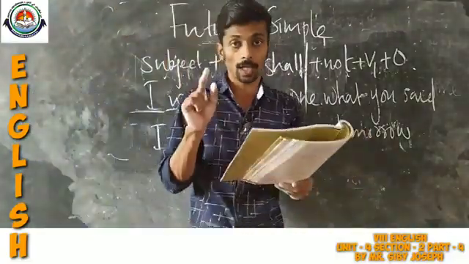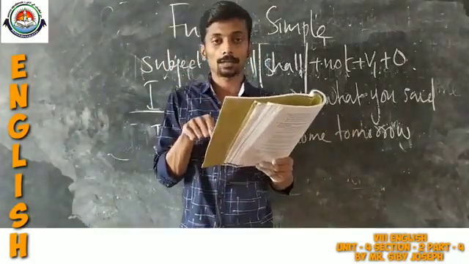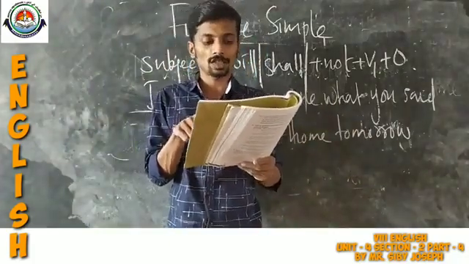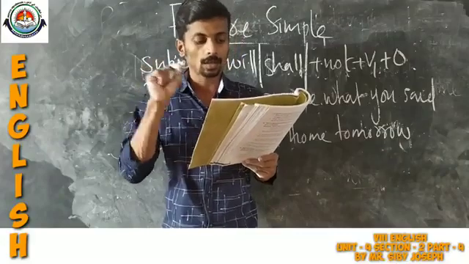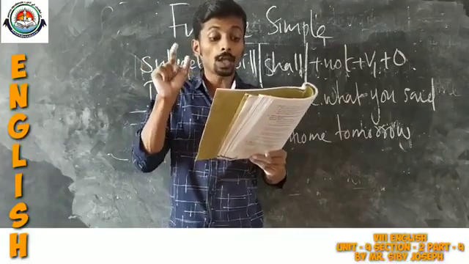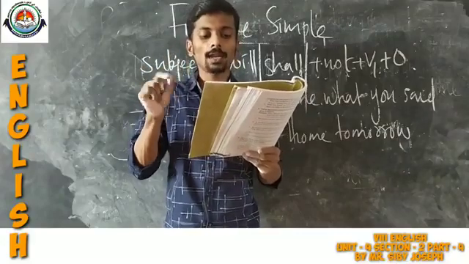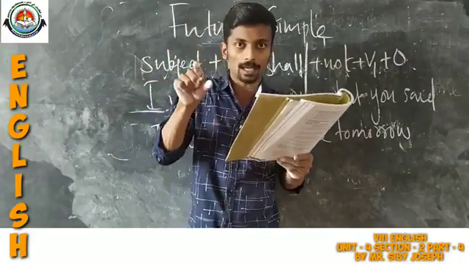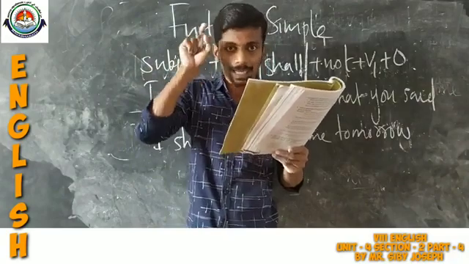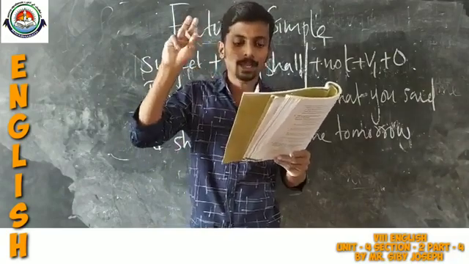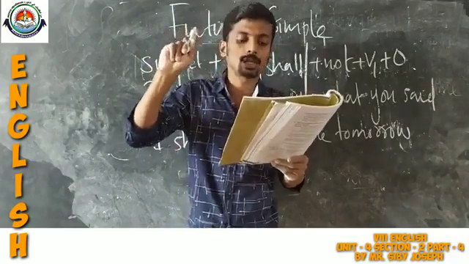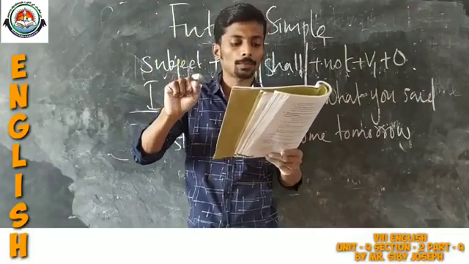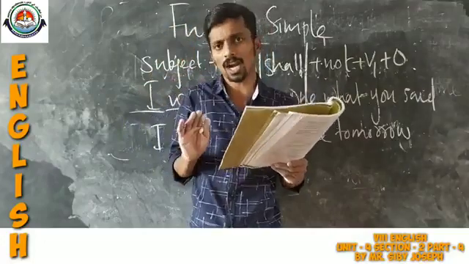Now you have to be very familiar with the thing which is given in the box. Read. Note that we do not use shall with he, she, it, you, they. When you speak or write subjects like they, you, it, she, he, we do not use shall.